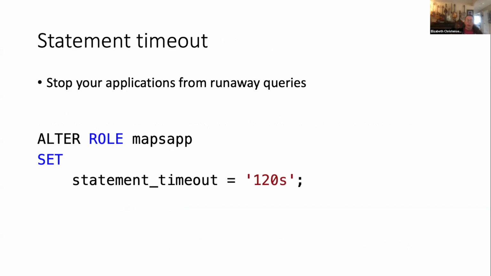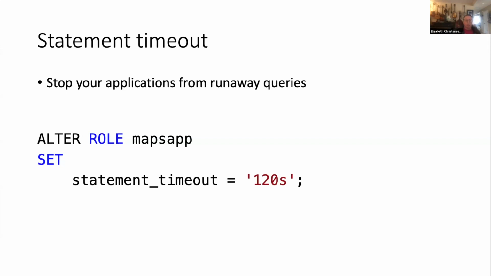One thing that is helpful for setting up roles is creating a statement timeout for each thing that you've got. So in Postgres, you can have an application that runs a really long query or some kind of really long process that will eat up all of your memory and make it difficult for other transactions to happen.